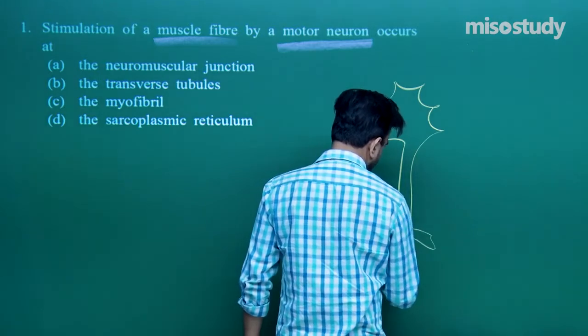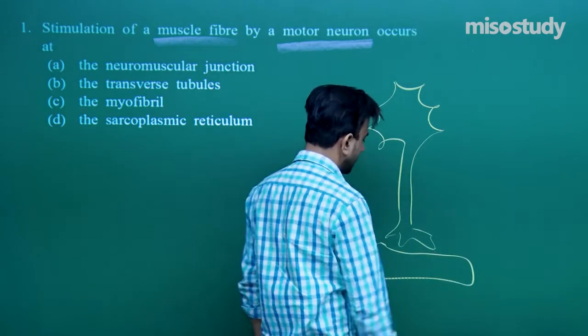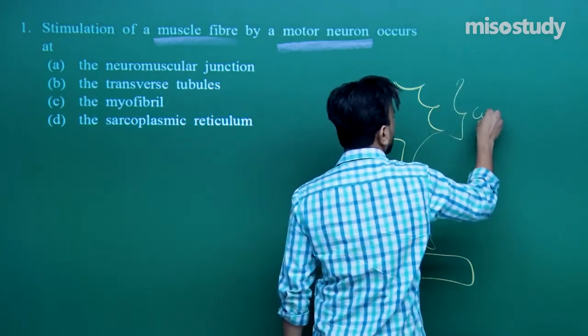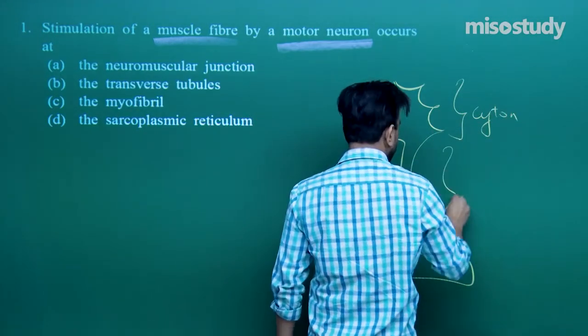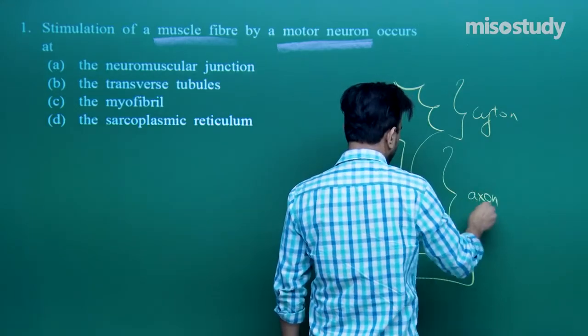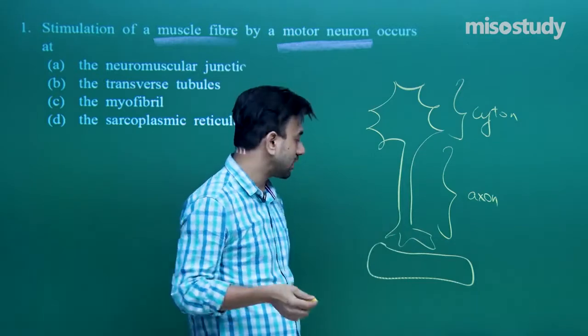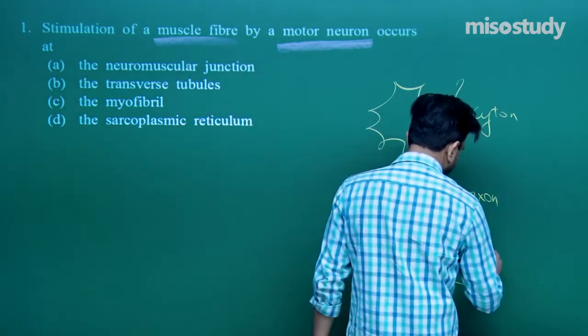This is the cyton, this is the axon, and these are the dendrites and all that. So the axonal ending, the dendrites, and this is the muscle fiber.